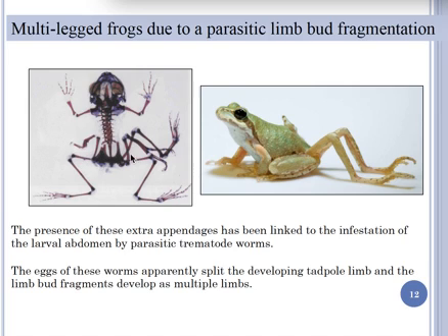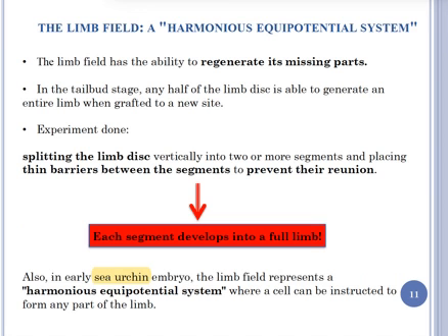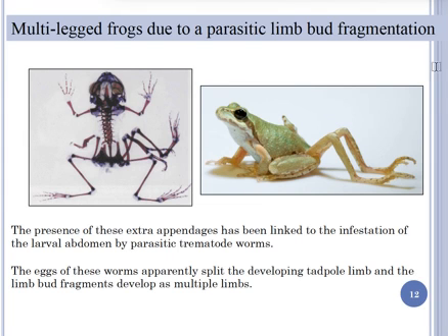Here the limb has been split into 3 parts. Each part was able to regenerate the missing parts and to form one full limb. This is another confirmation of the property of the limb field as a harmonious equipotential system and its ability to regenerate the missing part when it's split.